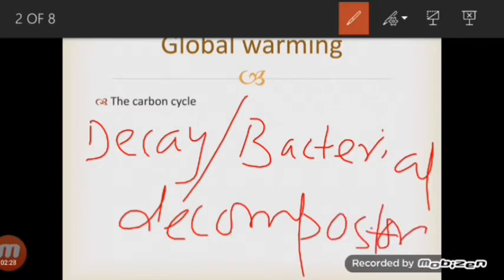As dead animals and plants decay, the bacteria break down the carbon compounds which are present inside them, because decomposition of animals and plants starts some time after their death. So carbon dioxide is produced in this process. So carbon dioxide is again added into the atmosphere. So these are different ways by which carbon dioxide is given into the atmosphere.